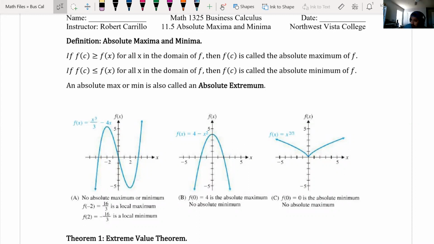By definition 1 up here, if f of c is greater than or equal to f of x, meaning that if we have a y value at some x value of c that is larger than all the other y values, then this will be called the absolute maximum of f.